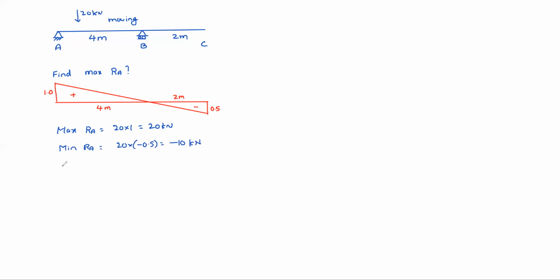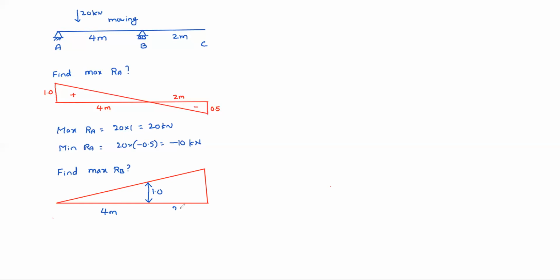So similarly, find maximum RB. So draw the ILD for RB. So at B it is 1 unit. 4 meters.